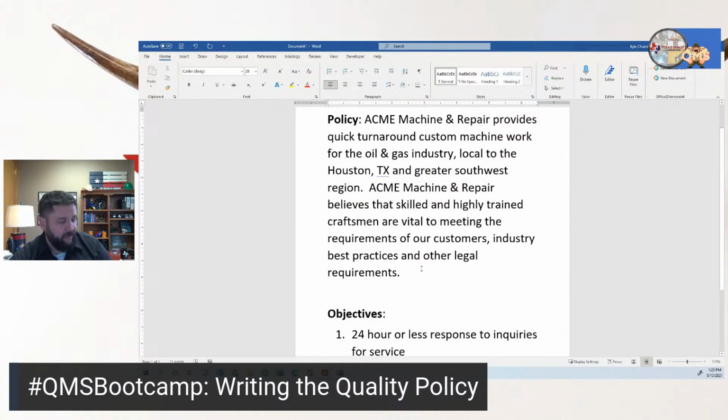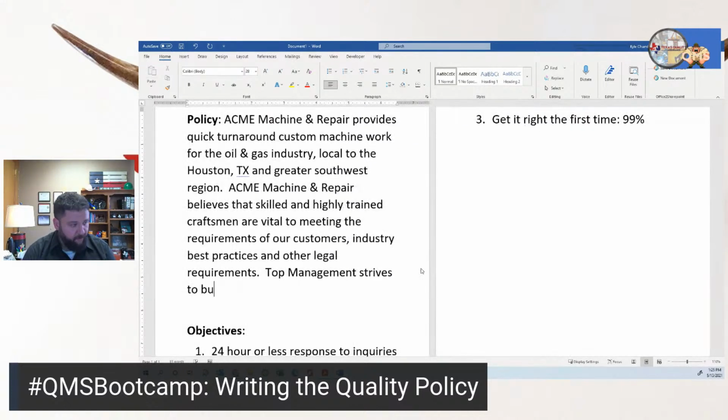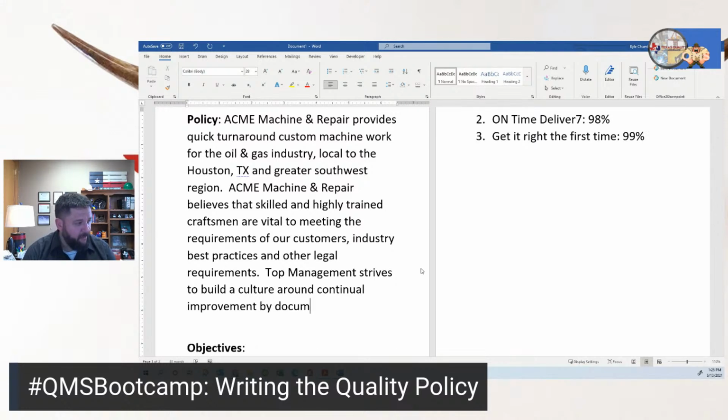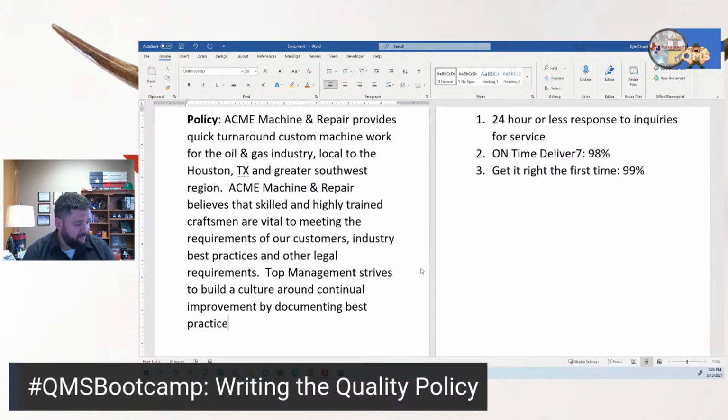All right, so let's take a look here. Top management strives to build a culture around continual improvement by documenting best practices and the sharing of knowledge and skills internally.